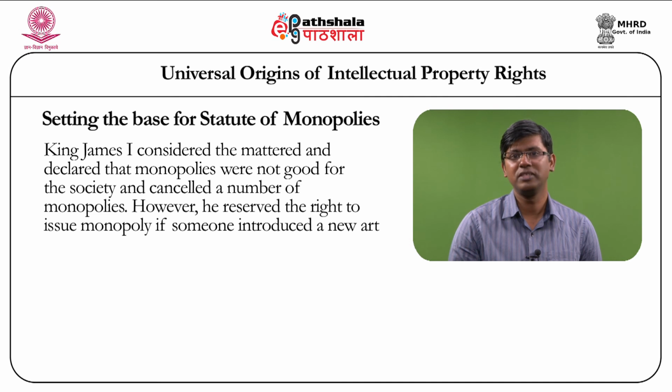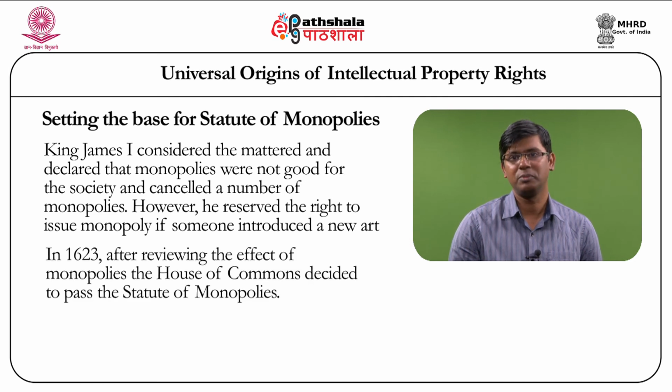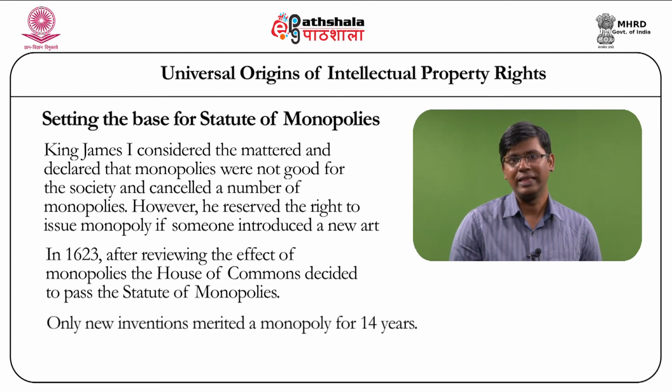As a result of this, the Statute of Monopolies was subsequently formulated by the Parliament in 1624, and the monopolies were largely to be granted on the basis of novelty and for a period of 14 years. This was the genesis of modern patent law.